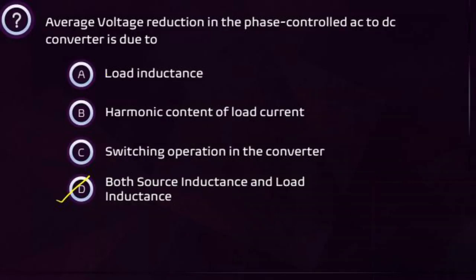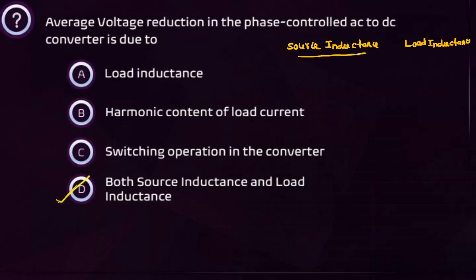This is one question that you have to practice. A simple theory question: average voltage reduction in the phase controlled AC to DC converter is due to both source inductance and load inductance. Important. I already explained, due to load inductance also the average output voltage is reduced. Source inductance also reduces the average output voltage, friends.